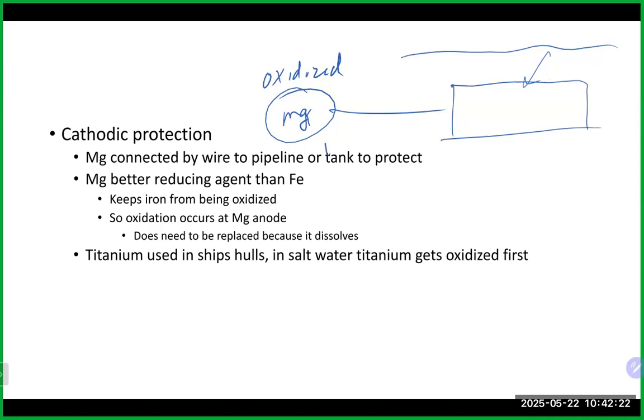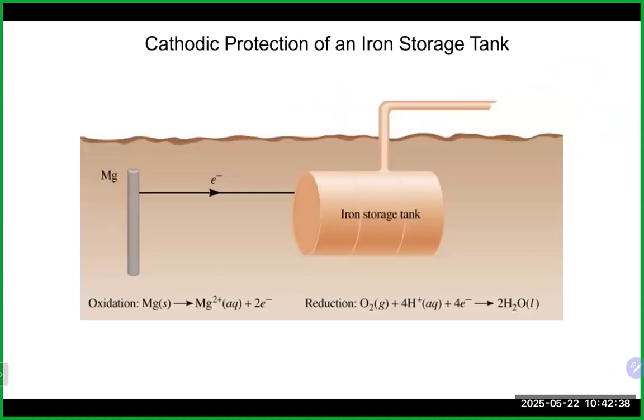And all the oxidation again is going to happen over here at the magnesium. And in this case, this would be more the anode in this situation. Again, it's going to prevent the oxidation of your iron tank that you sunk in the ground. Titanium is used in ship hulls to prevent that from happening. Here's a much prettier picture of that. But again, all the oxidation is going to occur over here. So you're not digging up your tank every 2 weeks as it starts to corrode.